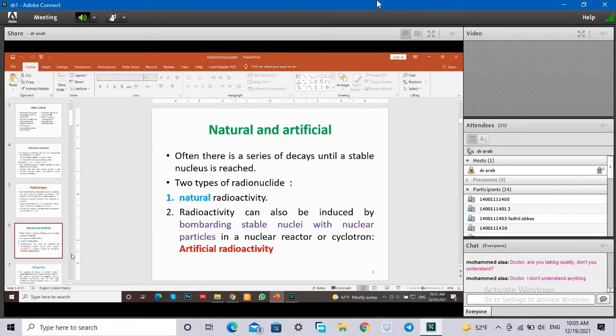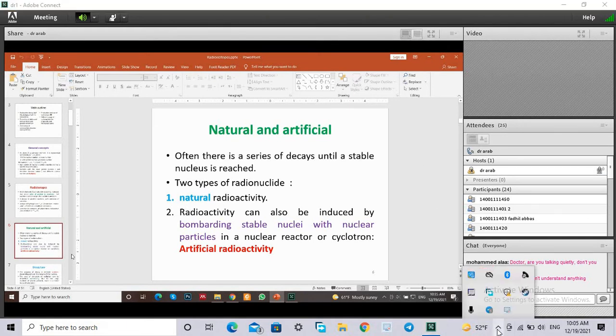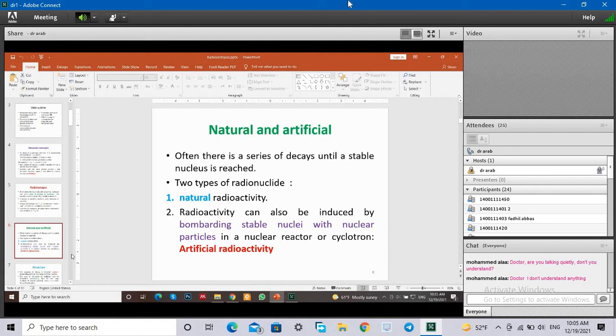And it is important to know that in nuclear medicine, we only use artificial radionuclides. About the reason why we should only use artificial radionuclides in medicine, I will speak in the following.